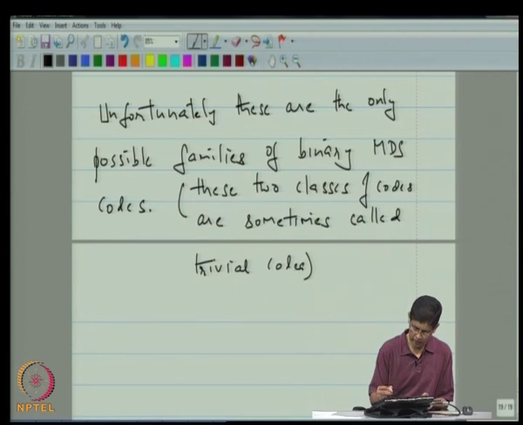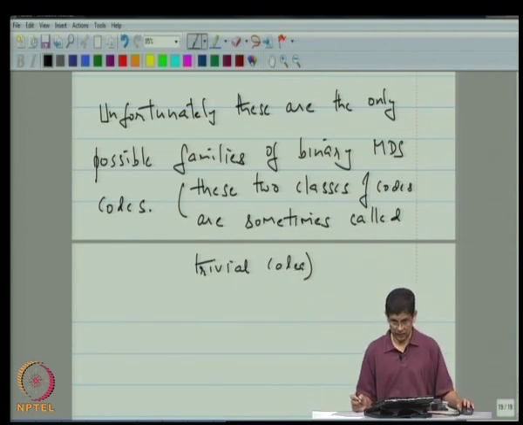Now, trivial does not mean that they are of no use, it just means that from an academic point of view they are not very interesting.